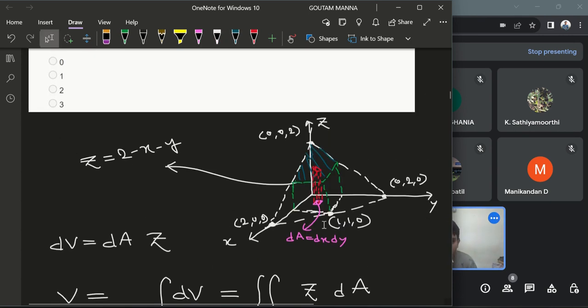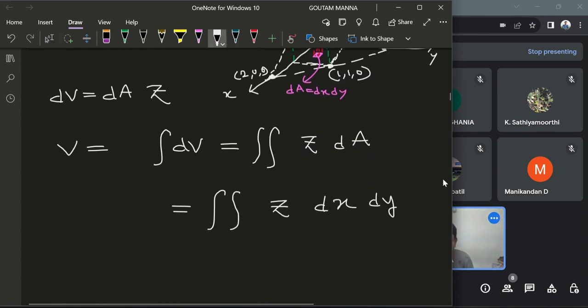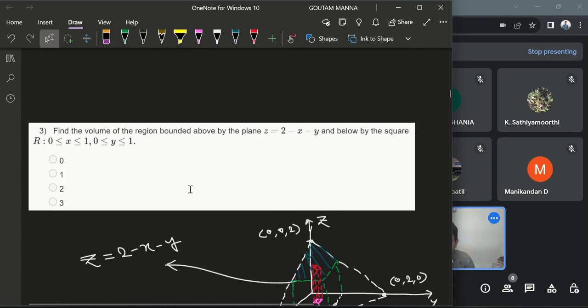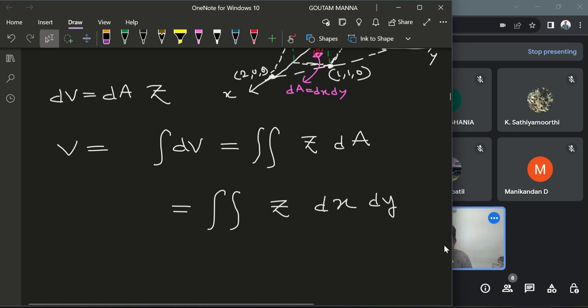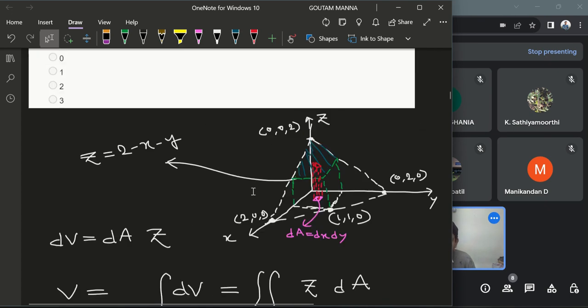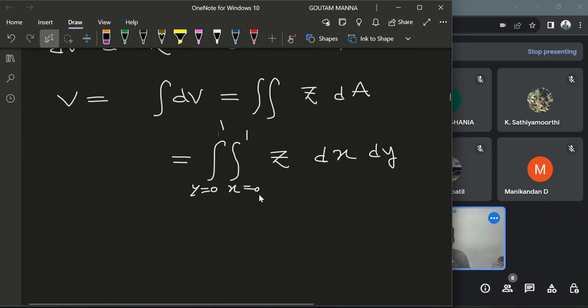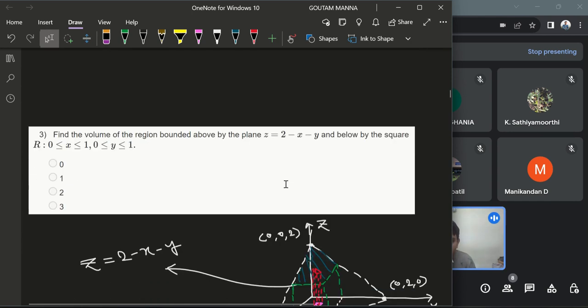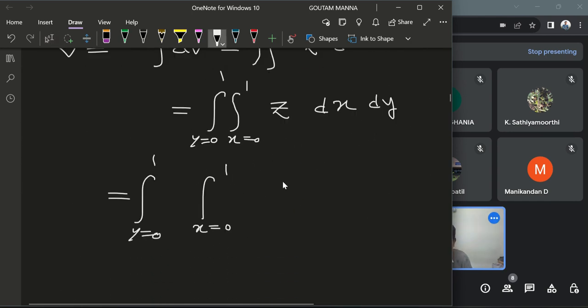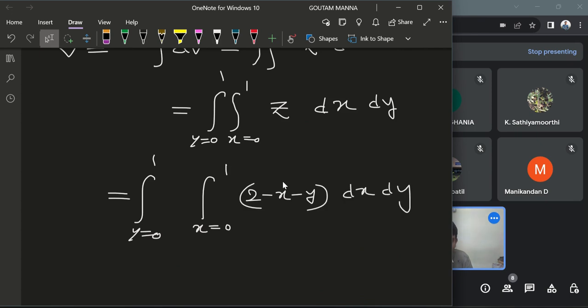As we are in the square region, the boundaries are square boundaries, so we can integrate either x first or y first. So let me integrate x first. So x is going from 0 to 1, and y will also be going from 0 to 1, and this z is 2 minus x minus y, dx dy.